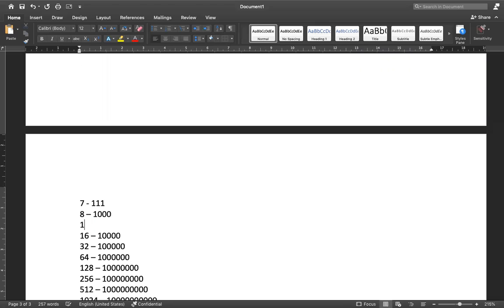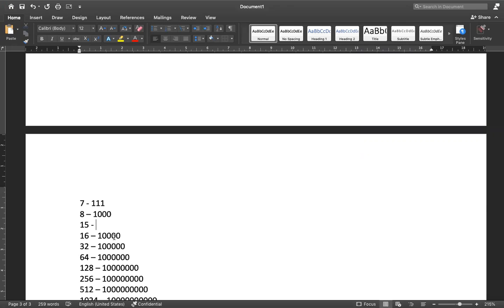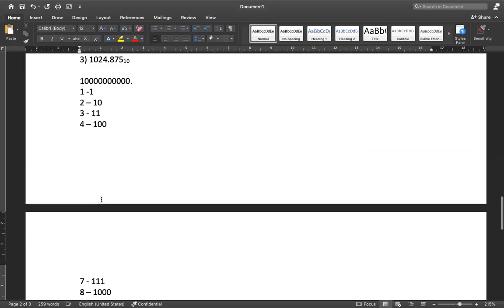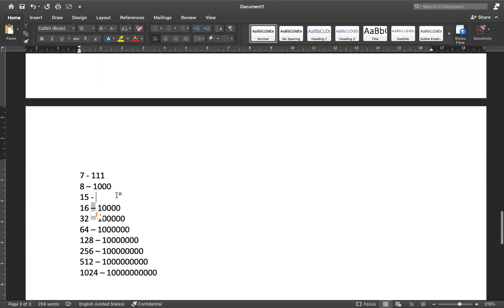Then what is 15? 1 less than 16. Find the pattern: 1 1 1 1.